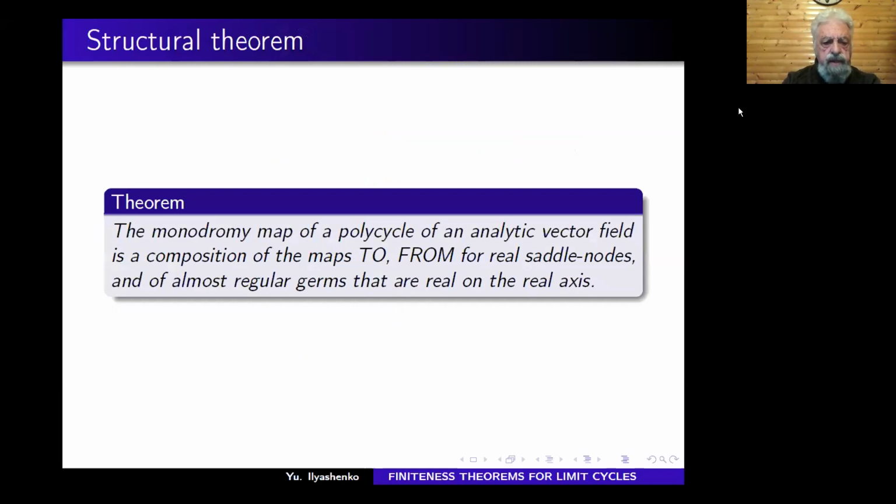So the structural theorem claims that the monodromy map of a polycycle of an analytic vector field is a composition of the maps to and from for real saddle nodes, and of almost regular germs that are real on the real axis. The latter ones come in particular from hyperbolic saddles of real analytic vector fields. And second, they are part of the delta standard, of the standard map for a saddle node.